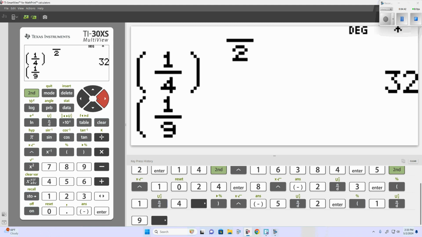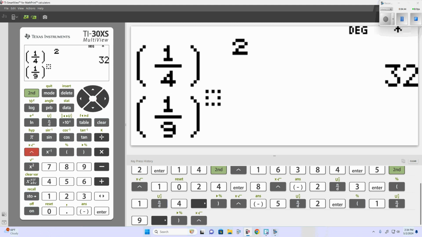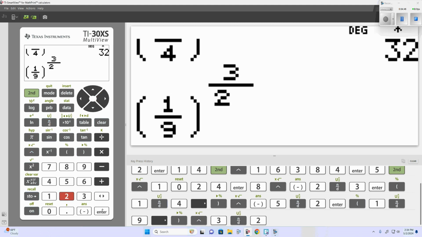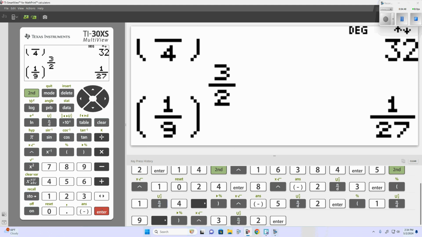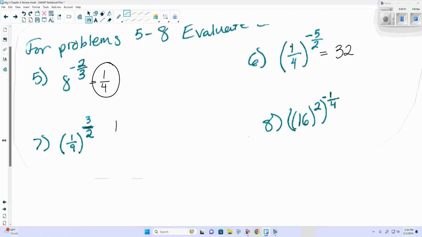We can do 1/9 to the 3/2, which is 1/27.